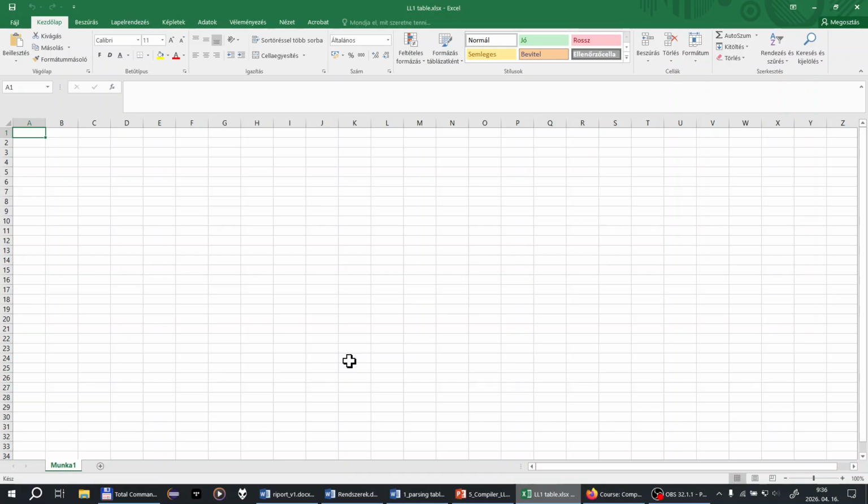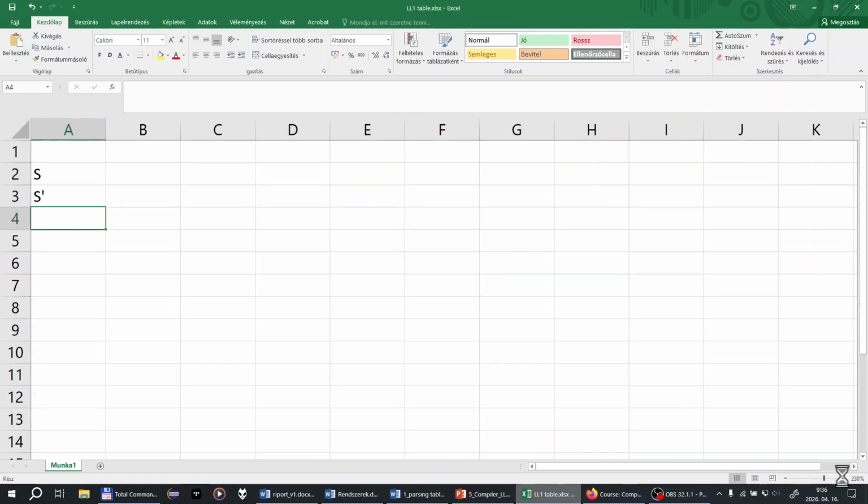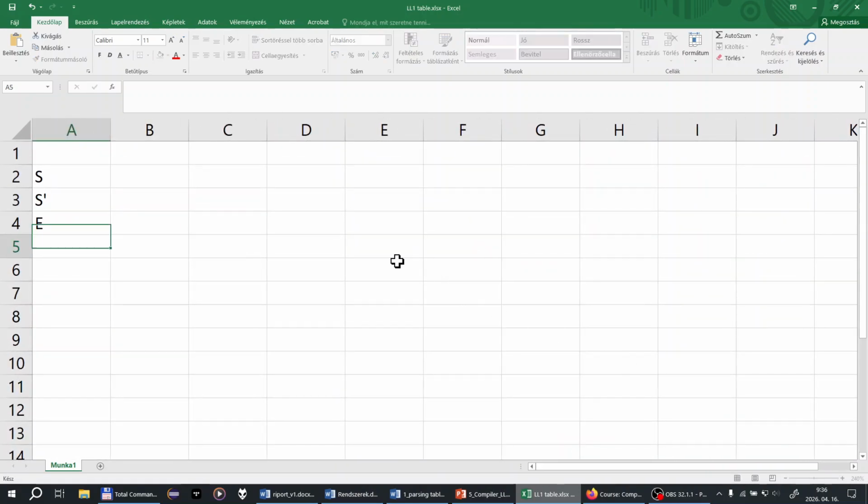So we have S, S prime, E, E prime, T, T prime, F, V.